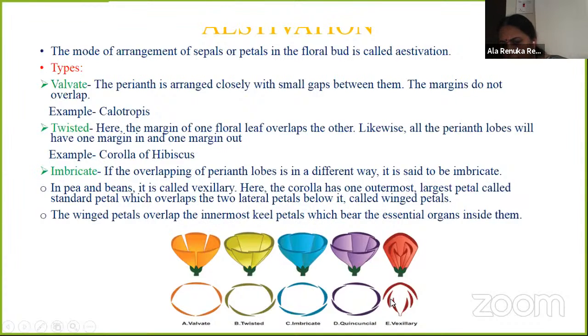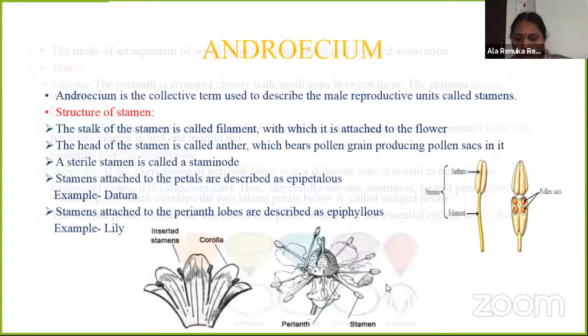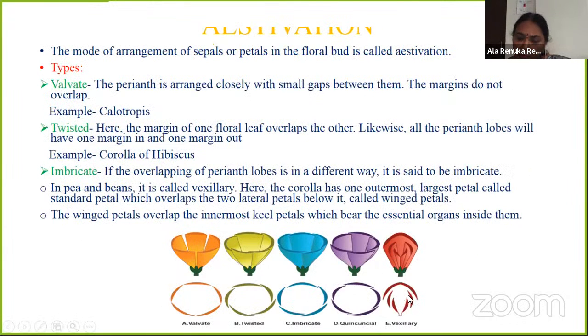These two lateral petals in turn overlap the two keel petals, which fuse to form the keel. And inside these keel petals, there will be the androecium and gynoecium. This type of special aestivation is seen in members of Fabaceae. This is Papilionaceous corolla, that is seen in members of Papilionaceae, or for you it is Fabaceae.